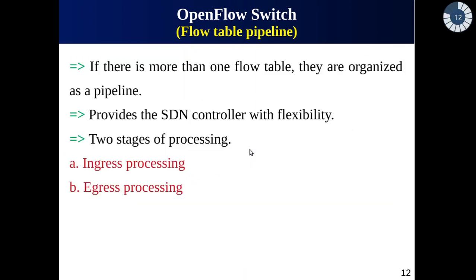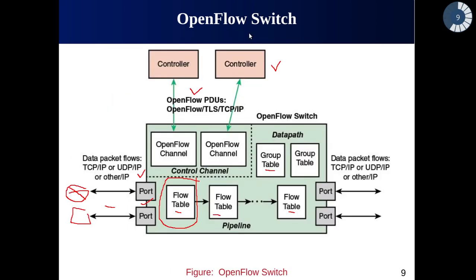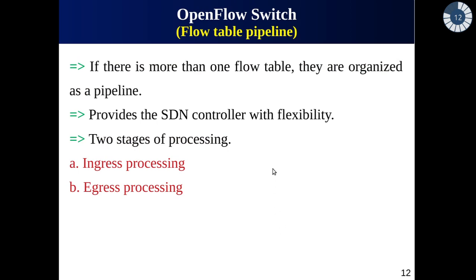Now let us see what actually is a pipeline. We are opening up the components of this OpenFlow switch. We saw details of the flow table, we discussed the ports, we discussed the controller, and now let us see the concept of a pipeline. Actually, the flow table pipeline: a switch includes one or more flow tables.